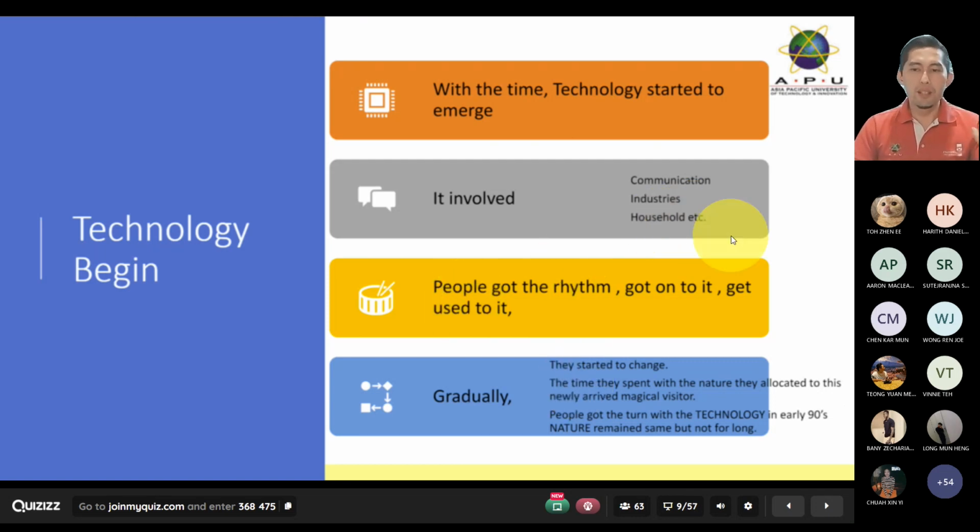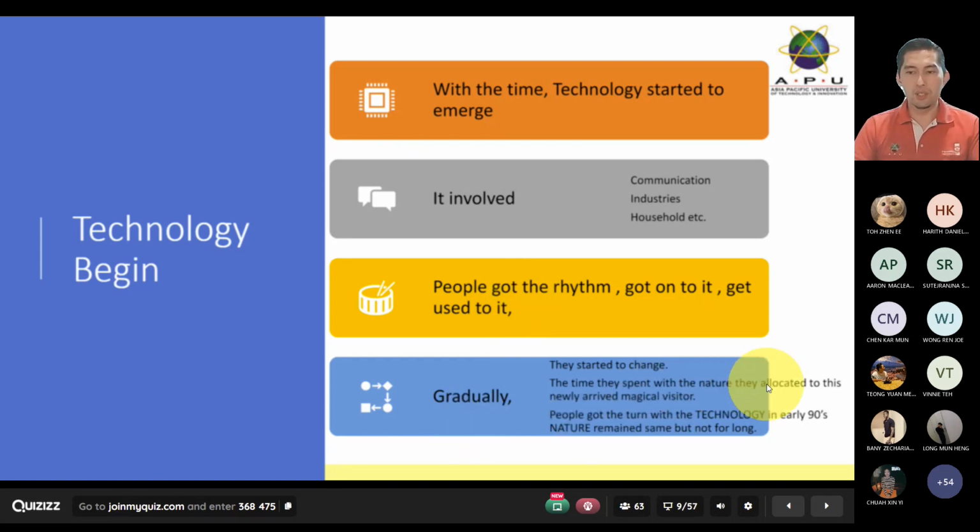People got the rhythm, they got onto it, they got used to it. There were of course a lot of issues trying to understand and use technology. Similar until today, I think we are all still struggling in a certain sense with certain technologies that we use. But as you will see, gradually they started to change.